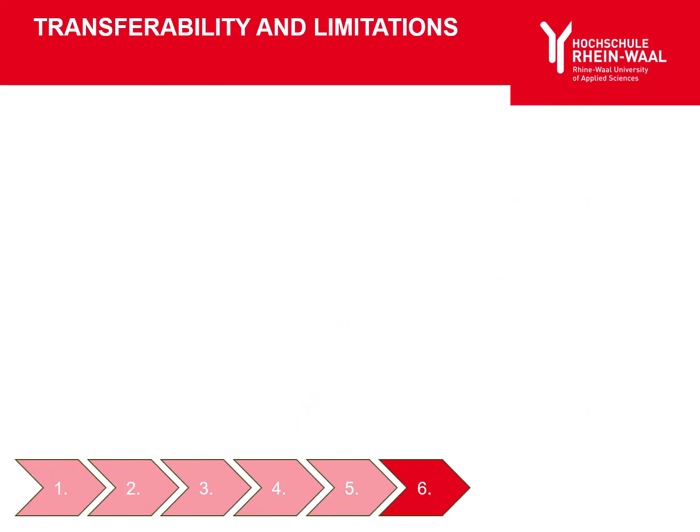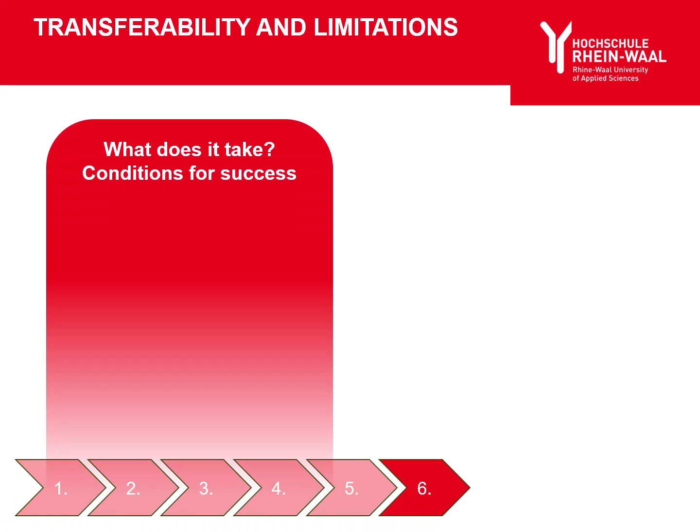But what exactly are the points that I can identify as conditions for success? My assumption is that the socially relevant topic is needed. Of course, these are also the topics in which I am active, diversity, but also peace and sustainability, for example. At the same time, an important factor was the trust relationship between teacher and students.